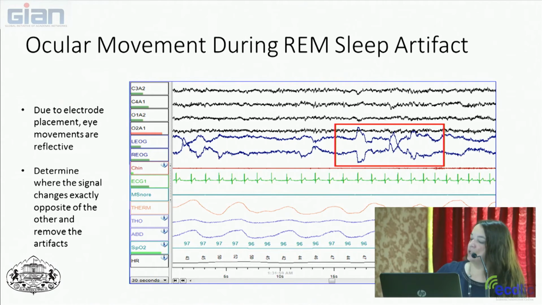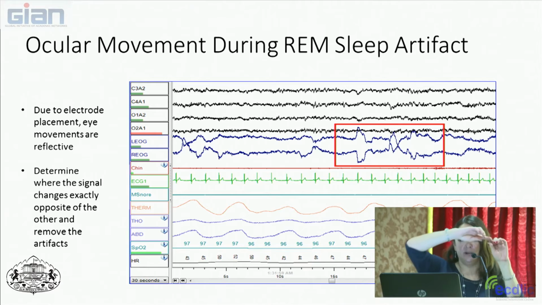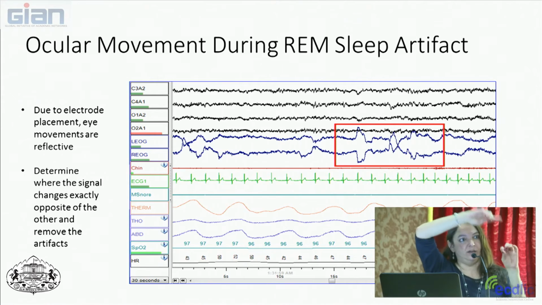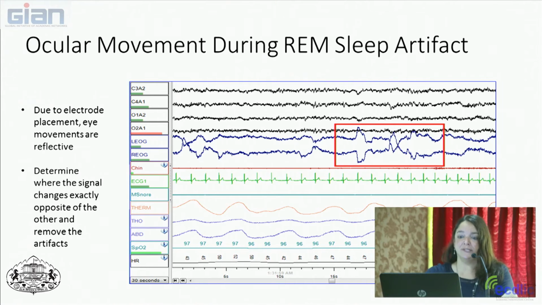And you can actually define what these artifacts look like to a program. So look at an area where the signal's going exactly 180 degrees apart at the same time in the eyes. You can use this strategy as a way to remove the signal. So you would determine where the signal changes exactly opposite of the other and remove this from your EEG signal.